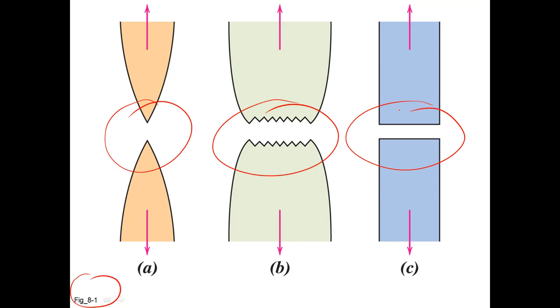In one case, we've got what we'll call a ductile failure, and in this extreme right case, a brittle failure. And then the intermediate case between the two.